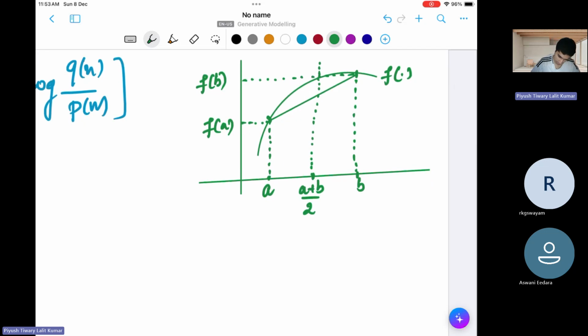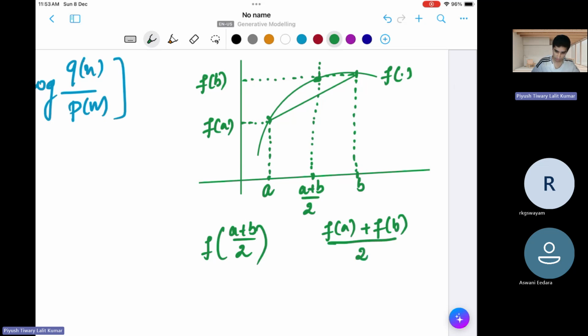So what is the value of f((A+B)/2)? That value will lie here, on the curve. And next, look at (f(A)+f(B))/2. This will lie on this line here, in fact exactly here, below this point.